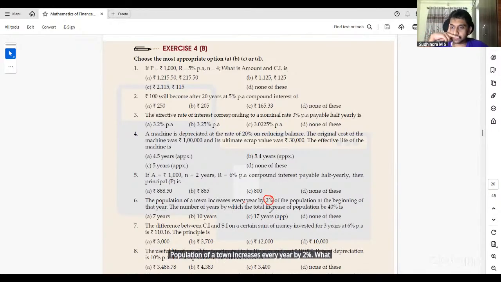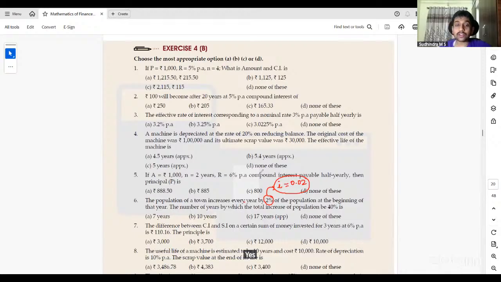What is this 2%, Bhavish? Sir, increase in the population. Correct. Rate. So this is the rate. So we considered I as 0.02.